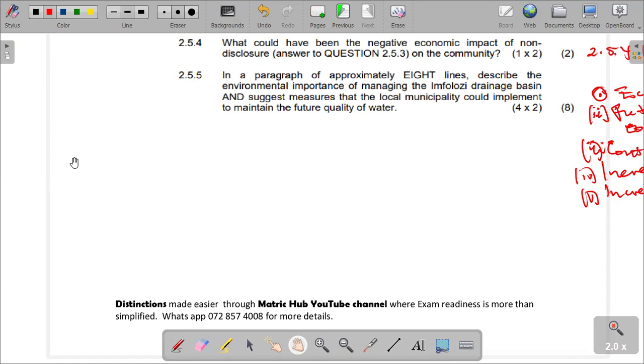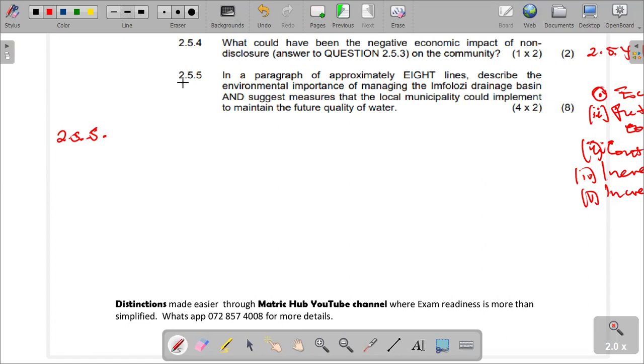So basically the question wants us to talk about drainage basin management. That is where we are focusing on 2.5.5.